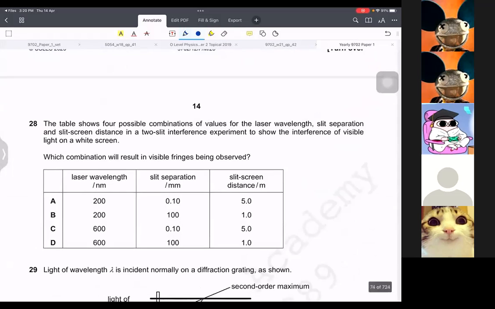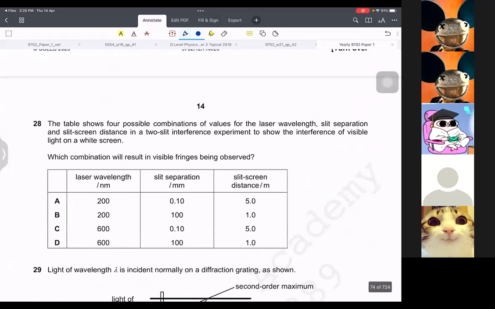Then 28. Question 28 says the table shows 4 possible combinations of values. Which combination results in visible fringes being observed? Okay. This question, I'll tell you something.